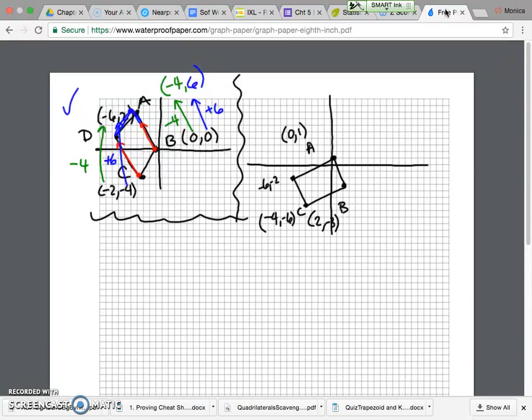Because I know it's a rectangle, I want to prove it's a rectangle. So I'm going to go to my cheat sheet, which is in your notes from yesterday, the one that says use cheat sheet. I'm going to look at rectangle, and it tells me the first thing I need to do is prove that the diagonals are congruent but not perpendicular. If I'm proving congruent, I'm thinking a squared plus b squared equals c squared.